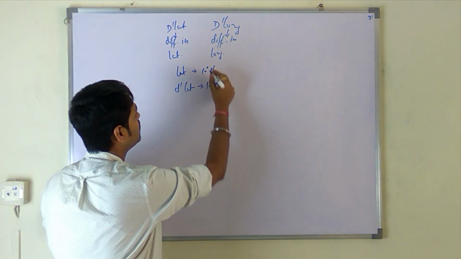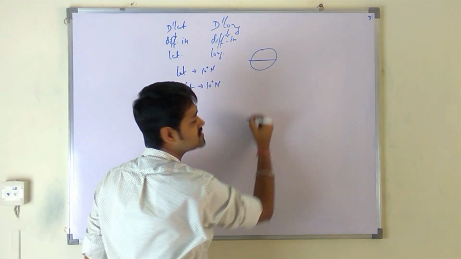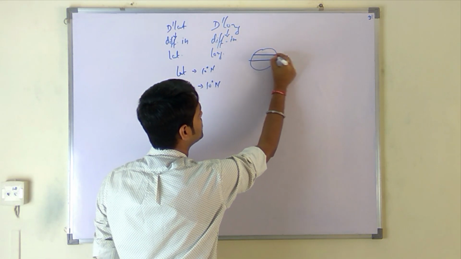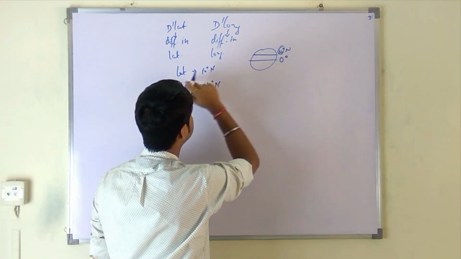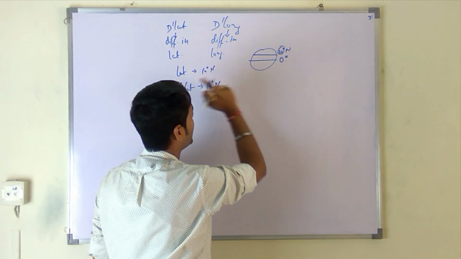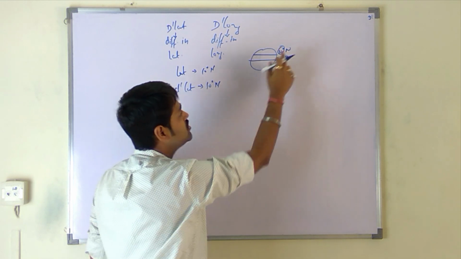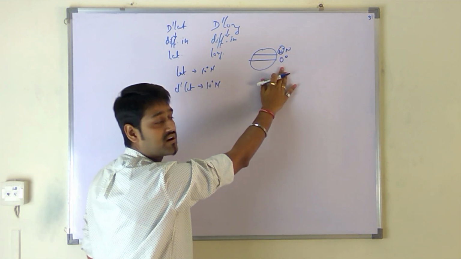When you write lat as 10 degrees north, suppose this is an earth, this is your equator, and this 10 degrees north is somewhere here. This indicates the number of degrees the latitude is above the equator, in the northern hemisphere. So a common reference for my latitude is the equator.